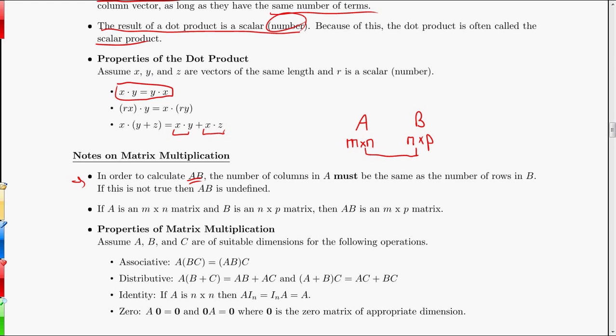The number of columns in A has to equal the number of rows in B. And when you multiply them together, you get AB, which is an M by P. Right? And that's what this is right here.